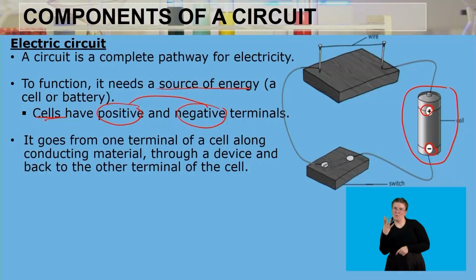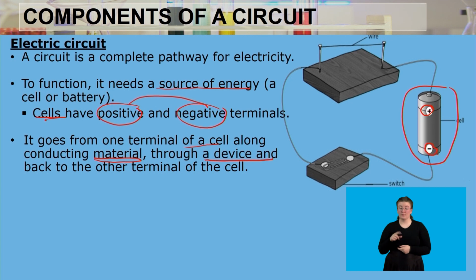So the current goes from one terminal of a cell along conducting materials. Those conducting materials, we refer to them as your wire. So it goes from one terminal of a cell along conducting material through a device back to the other terminal of the cell. The devices that we're talking about here, we're going to be looking at individually from one all the way to the last one.